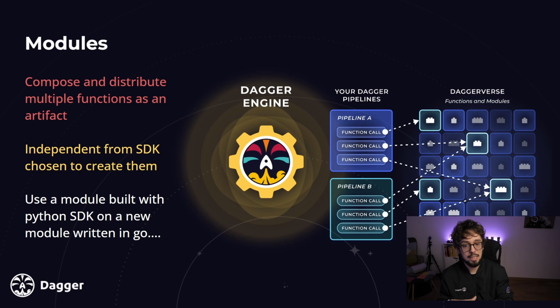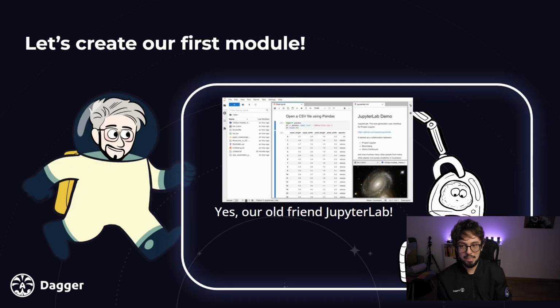So at that point, it doesn't care anymore if you produce your module in Go or in Python or in TypeScript or whatever. You are writing a module for the Dagger engine. So it can understand everything and propose the very same method in any other language that can talk Dagger engine APIs. How cool is that?